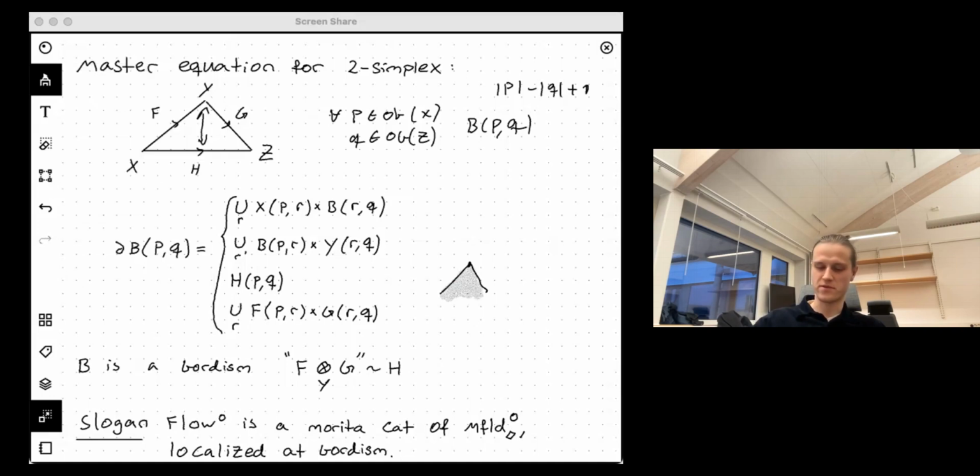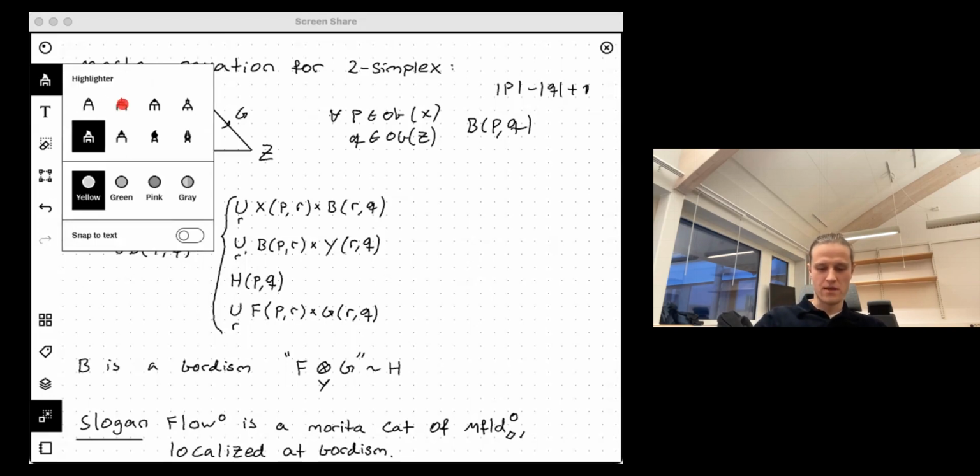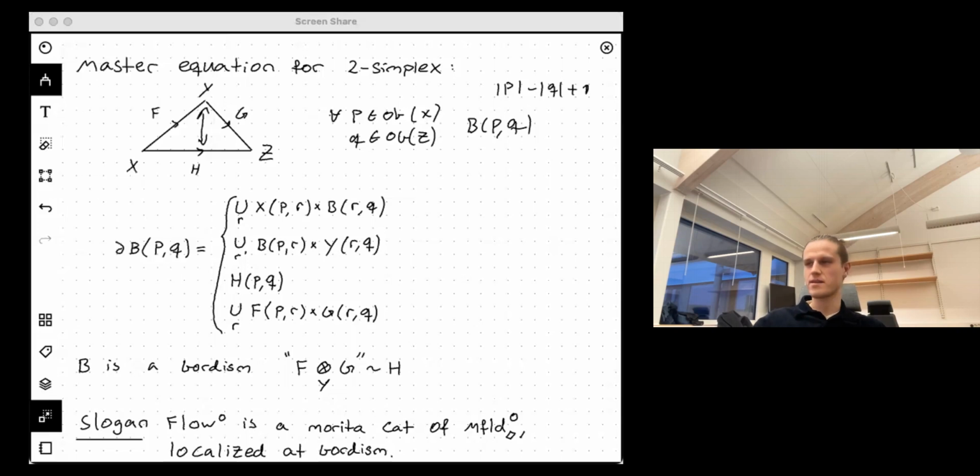This is allowed to be a manifold with faces. But this product down here looks more like just this part. And that's not a manifold with faces. That's something more stratified. But if we allow that to be an object, then we can basically say that the two simplex is a bordism between this composed guy that maybe doesn't actually exist and H.